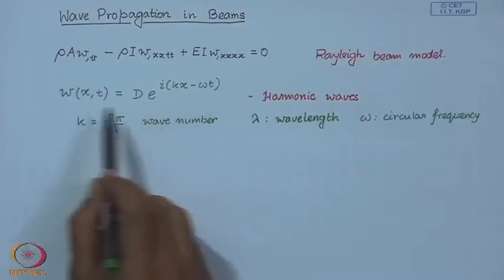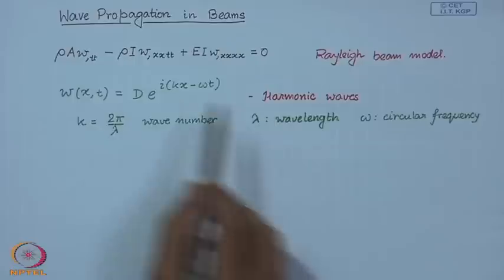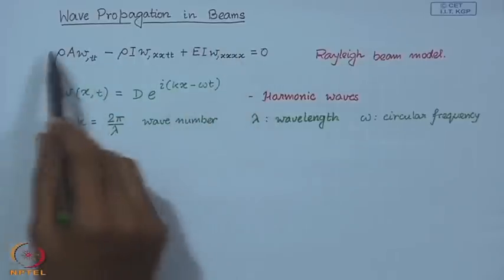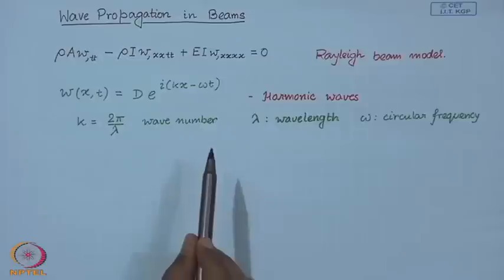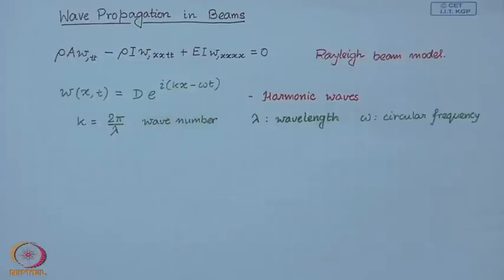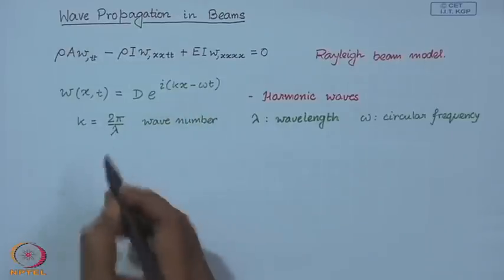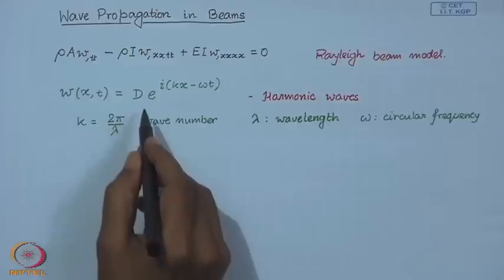Now, when a harmonic wave propagates in a medium, for example, string or here a beam, then this k and omega can no longer be independent variables. So, they get coupled. So, let us see that coupling.